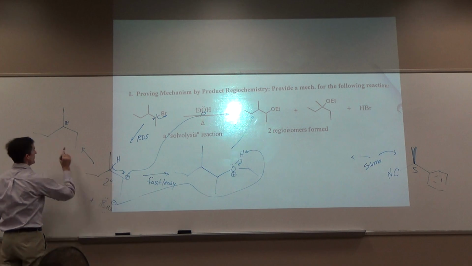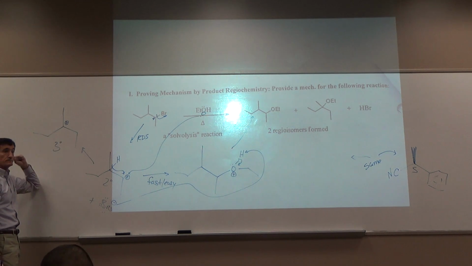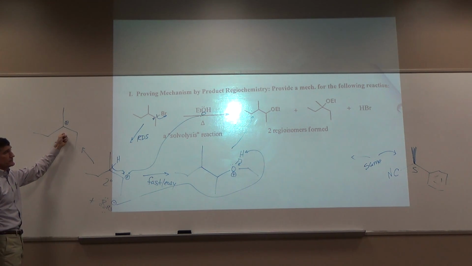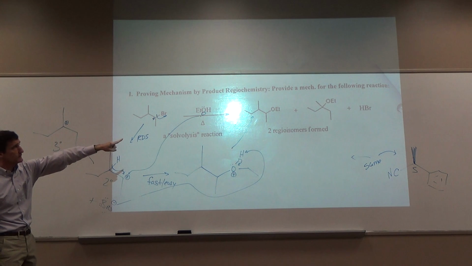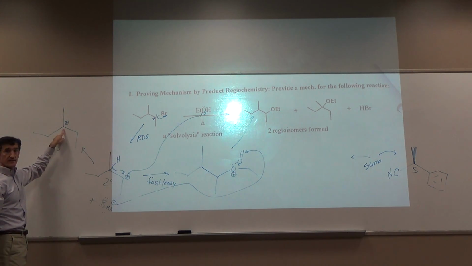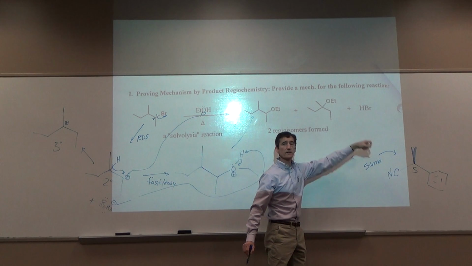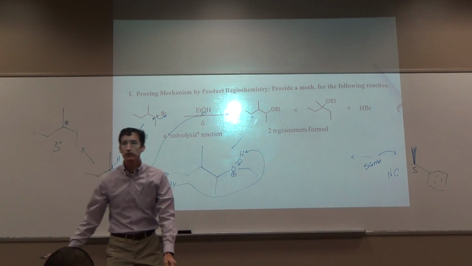We went from secondary to tertiary. And then you can get home from there, because to get the middle structure, ethanol adds here, then you lose the H, and you make this plus HCl.